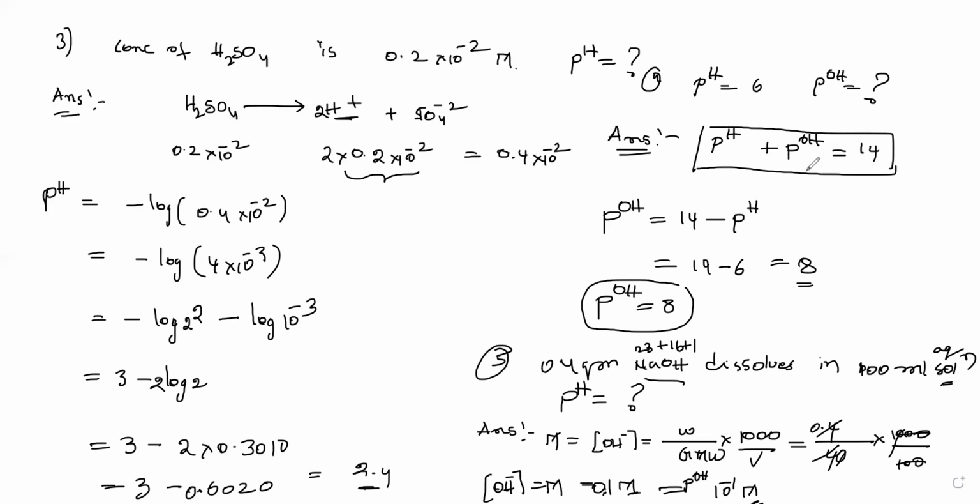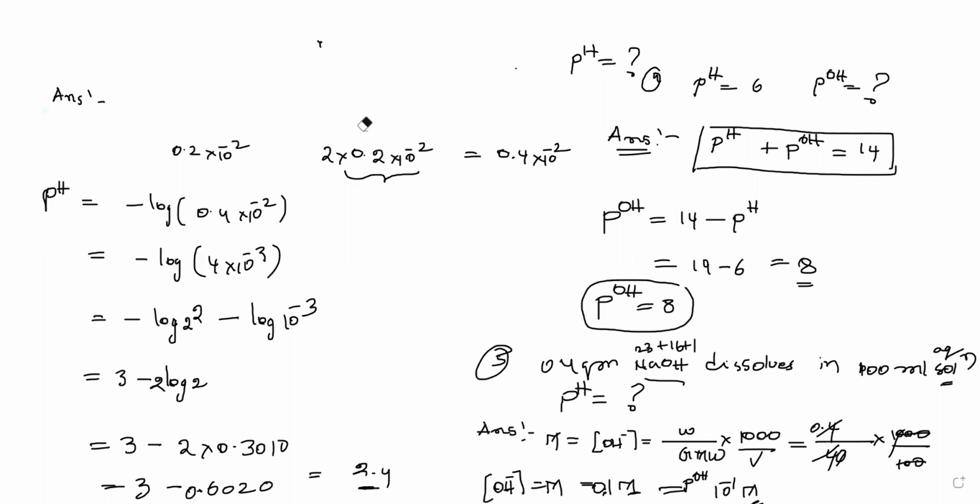We can calculate the concentration of H plus. We know the OH minus. Concentration of H plus is nothing but 10 to the power of minus 14 by OH minus, that is 10 to the power of minus 14 by 10 to the power of minus 1.